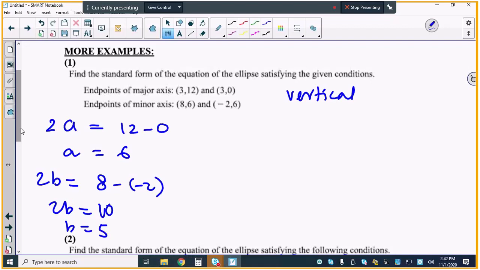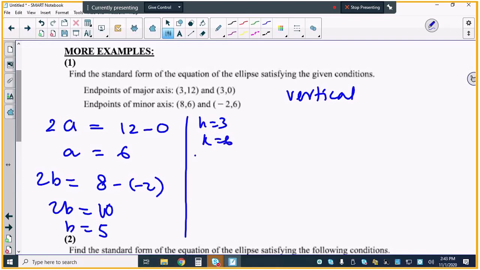And that pretty much has set everything for us. Now we are interested in knowing the center. From the major axis, when we were changing the y, we did not change the x coordinate, so h is 3. And for the minor axis, we were changing the h, not the k, so k is 6.